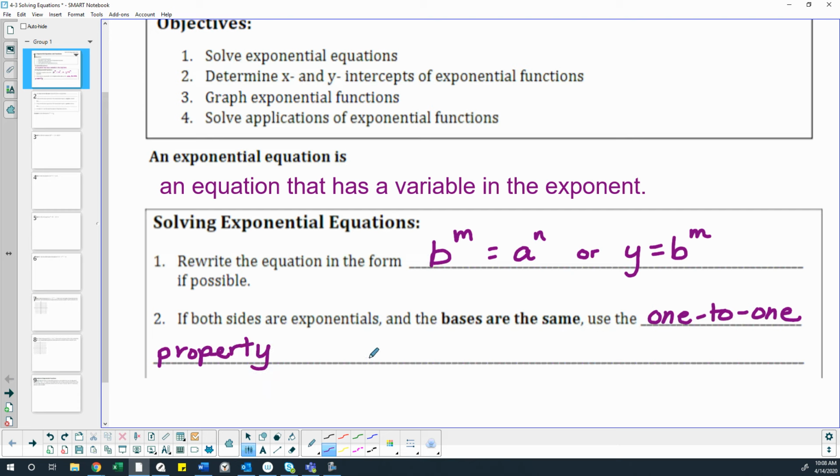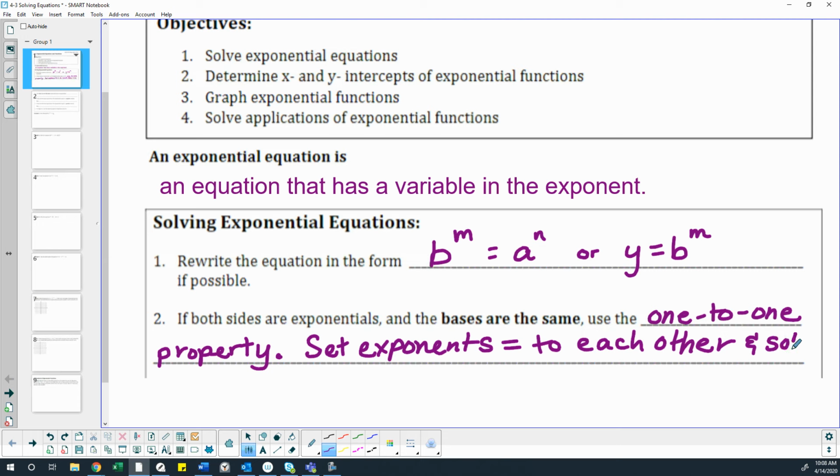All we have to do if the bases are the same is set the exponents equal to each other. We actually ignore the bases at that point, and then we solve.